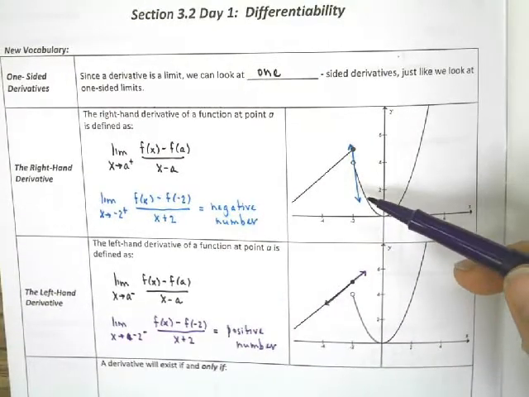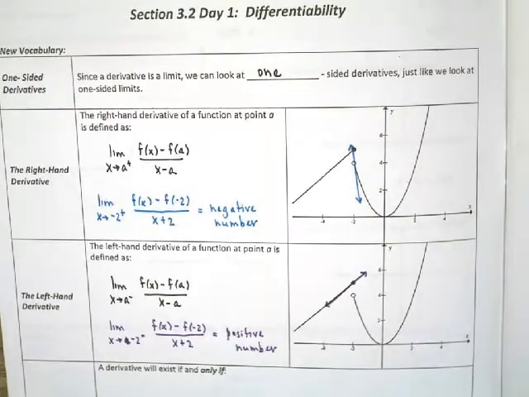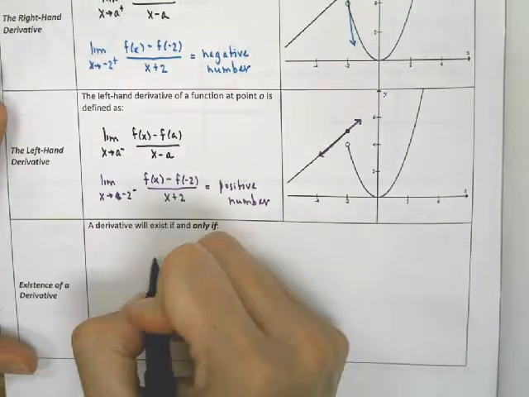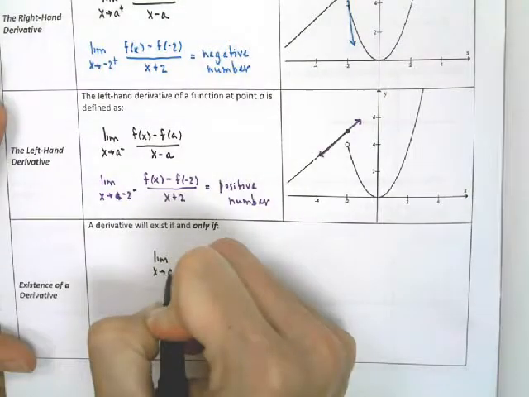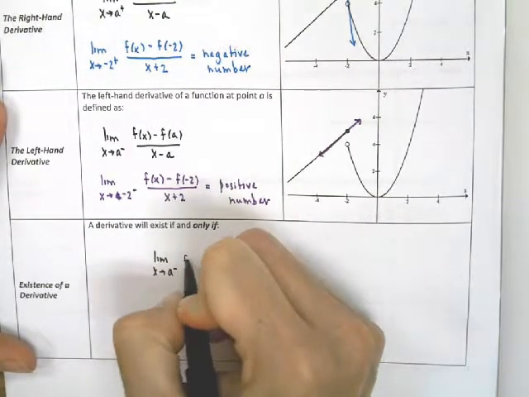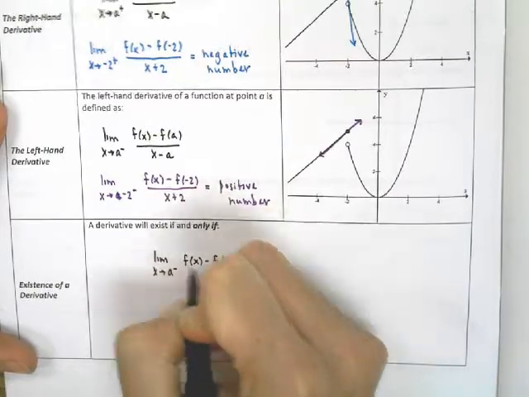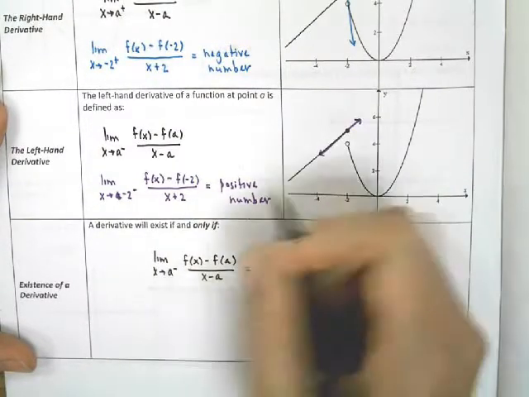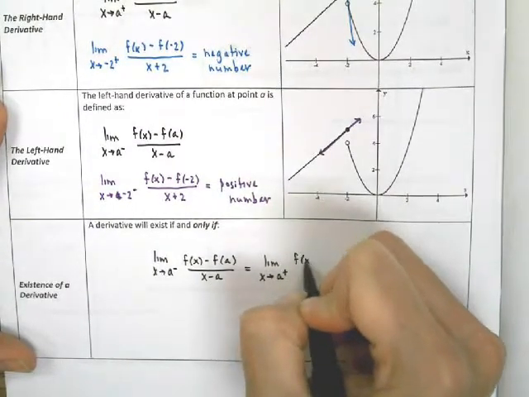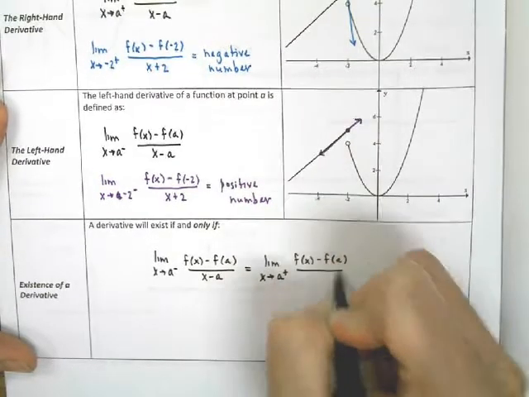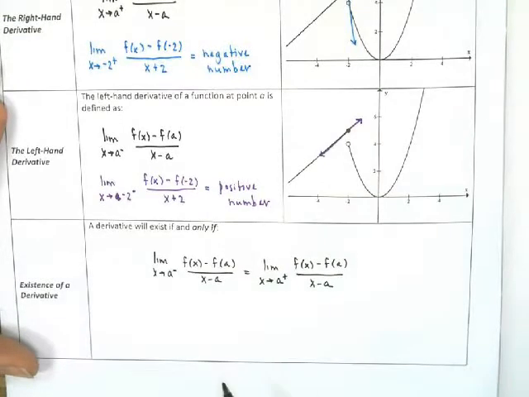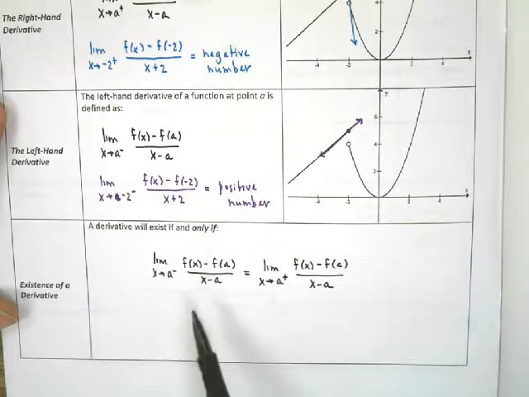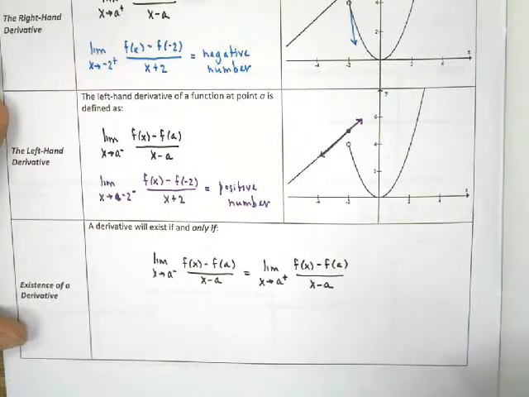So I can see in this example that my left-hand and right-hand derivatives are not the same. Now, we will only have a derivative at a point if the limit as x approaches a from the left of f of x minus f of a over x minus a is equal to the limit as x approaches a from the right of f of x minus f of a over x minus a. In other words, the derivative will only exist if my left-hand and right-hand derivatives are the same.